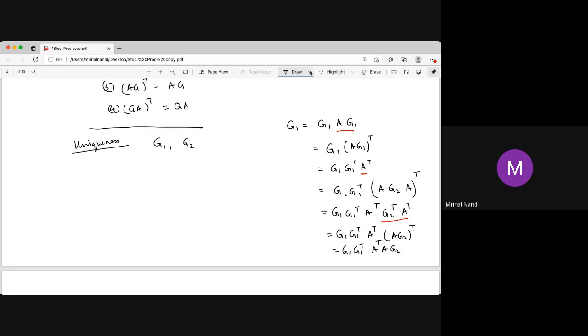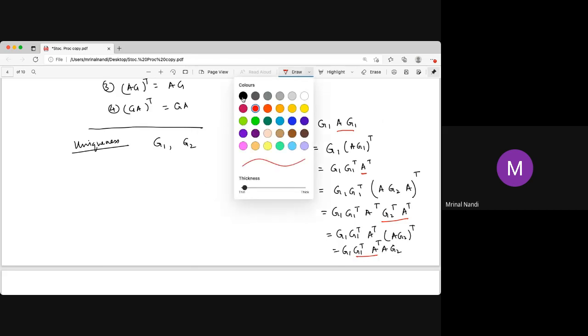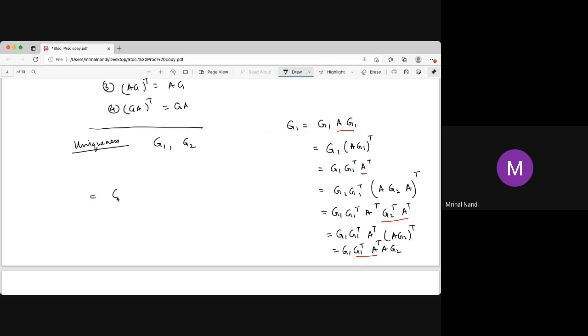Now we club this part, G1 transpose A transpose. That is nothing but (AG1) transpose, which is AG1. So G1 equals G1AG1AG2.